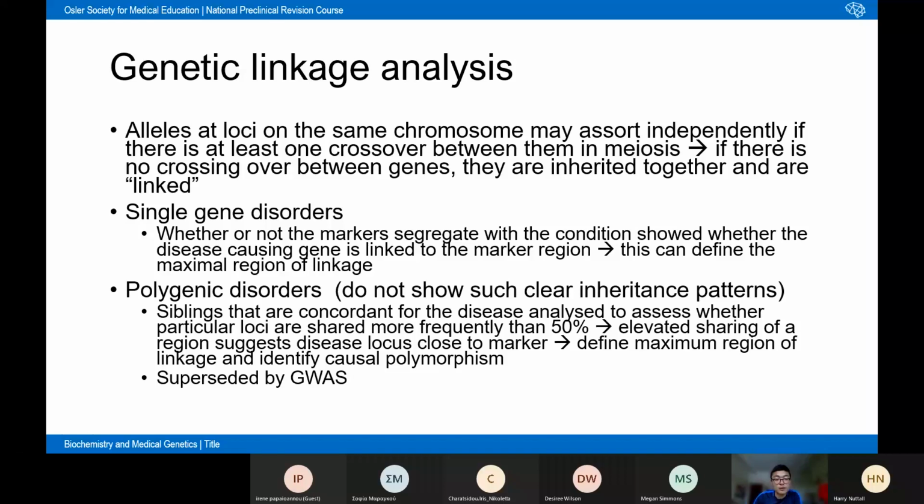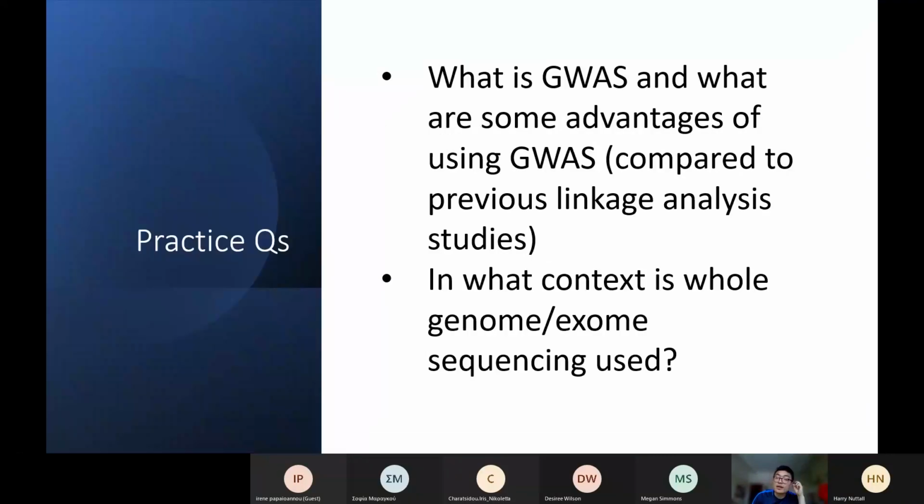So we'll do a couple of practice questions. We covered this just now, but what is GWAS? Well, GWAS is a way of looking at genetic variants and comparing them across the entire genome. So we can then identify common alleles that might be contributing to polygenic disorders in population studies. The main advantage of GWAS is that we don't necessarily need a prior hypothesis going into the study.